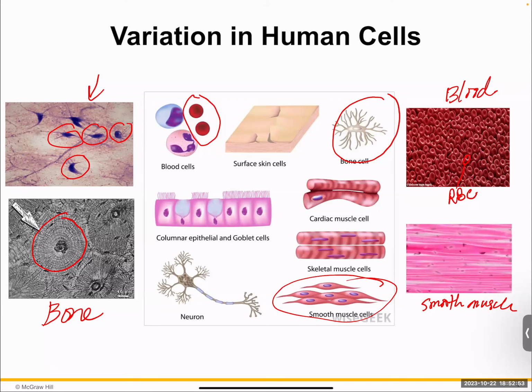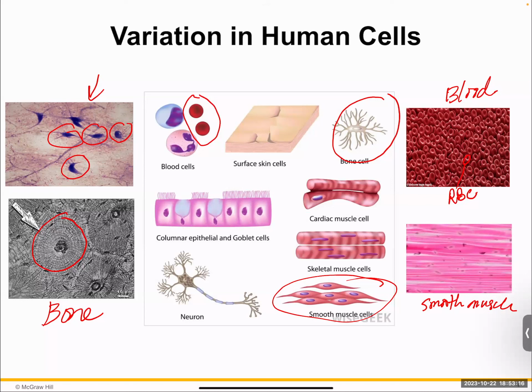So again, looking at these cells, you look at them and say, well, they look very different from one another. So does that mean that their internal structures are also going to be different? And the reality is no, they are going to have certain organelles, they're all going to have a nucleus because those structures are essential for the survival of the cell.